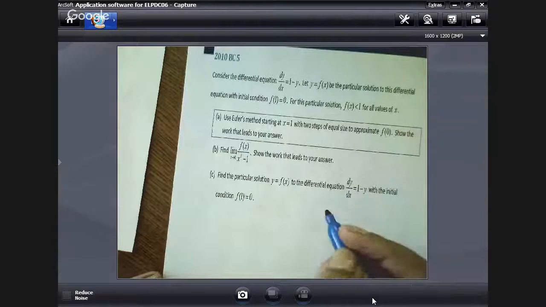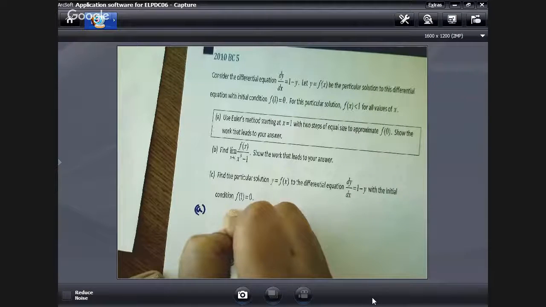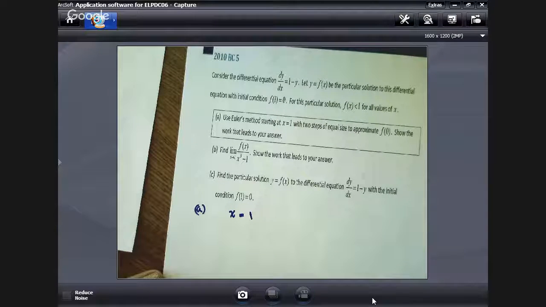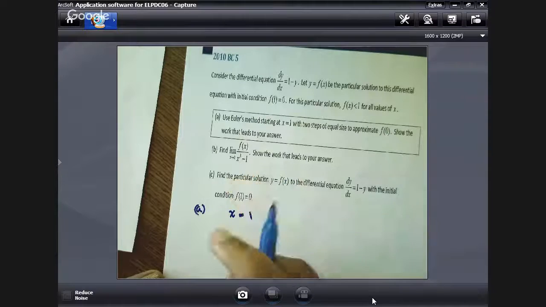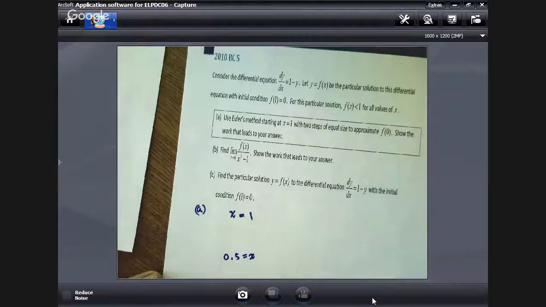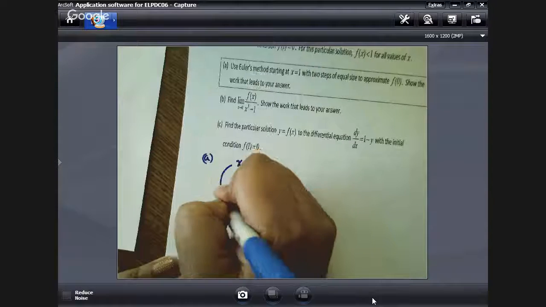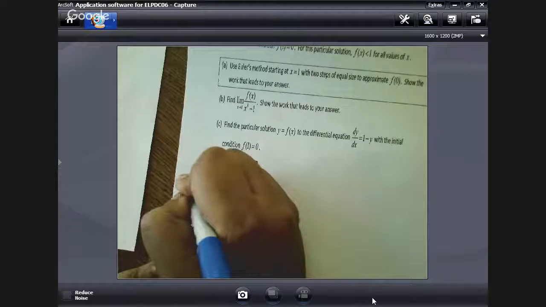So since I'm doing part A, I'm starting at x equals 1. I'm ending at x equals 0. Halfway between them, I wrote that backwards, I don't know why, is x equals 0.5. So this really means that dx, since my values are going down, is a negative number.